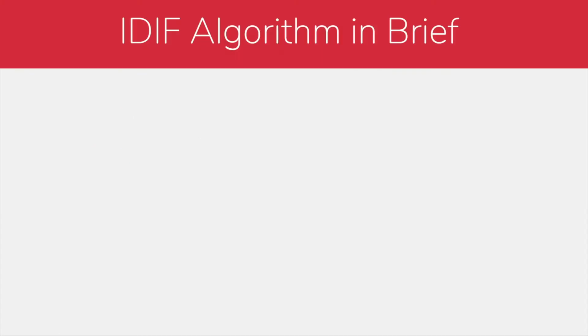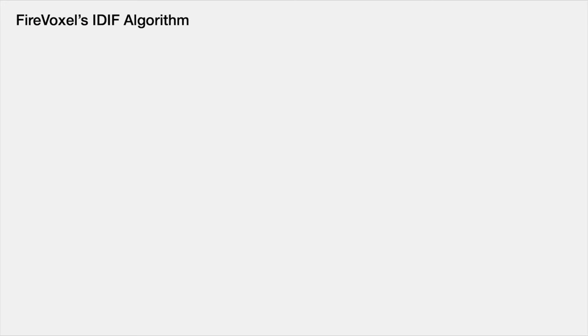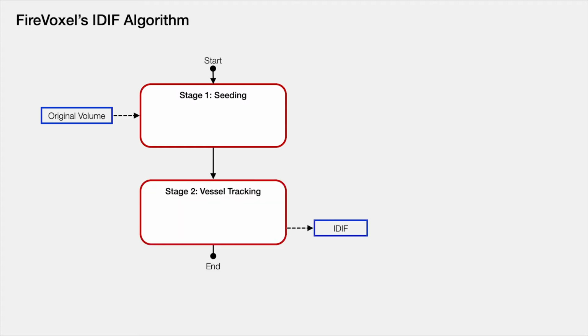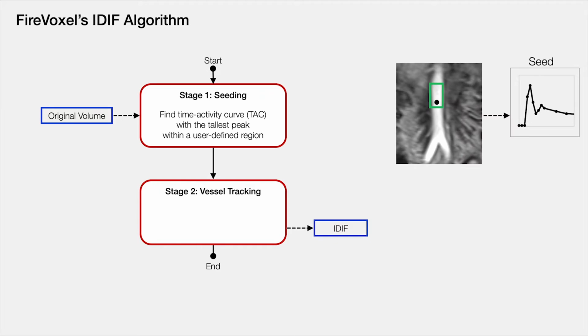We will first review the main steps of FireVoxel's algorithm for generating the image-derived input function. The algorithm consists of two stages, seeding and vessel tracking. In the seeding stage, the algorithm finds a location with the tallest peak in the time activity curve within a user-defined rectangular region enclosing the vessel.